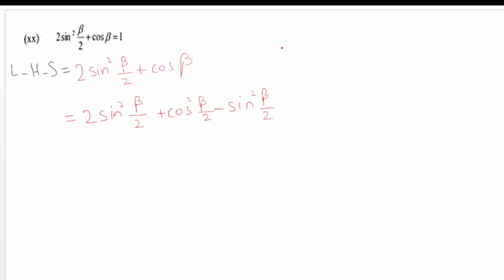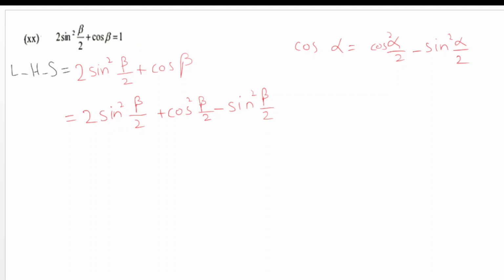You know this formula. Let me write here cos 2 alpha, that will be equal to cos square alpha minus sine square alpha. But this formula is basically only half angle.